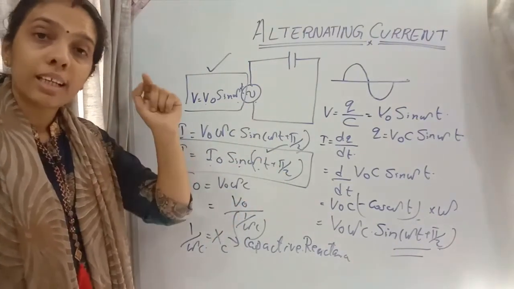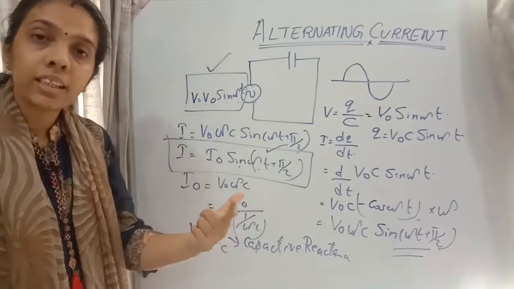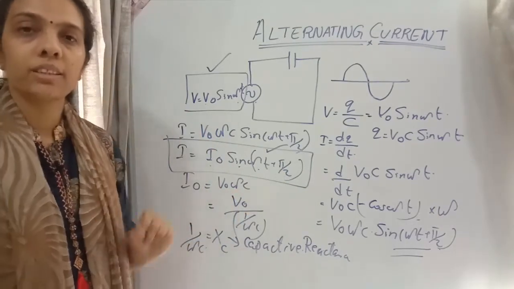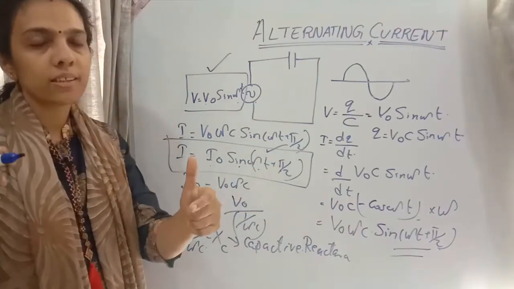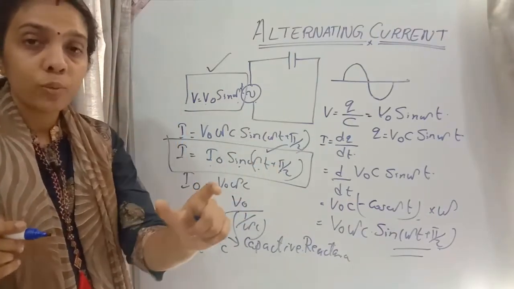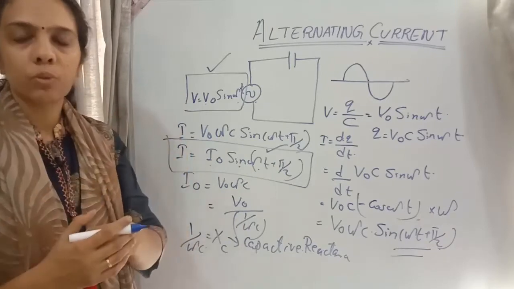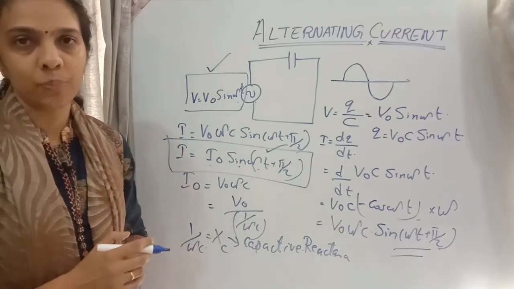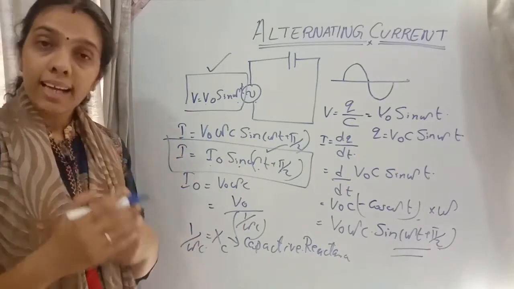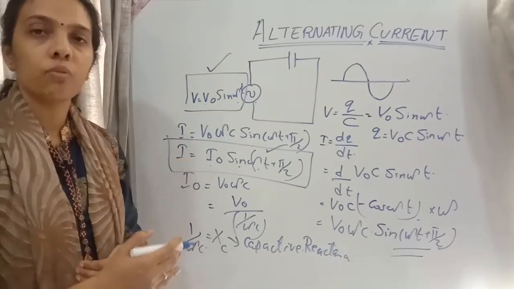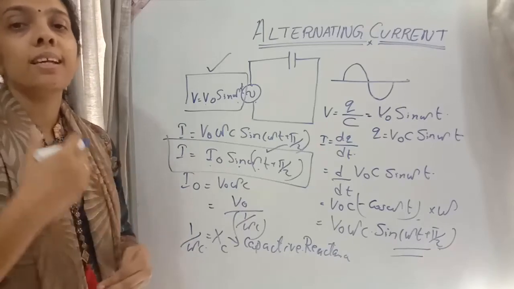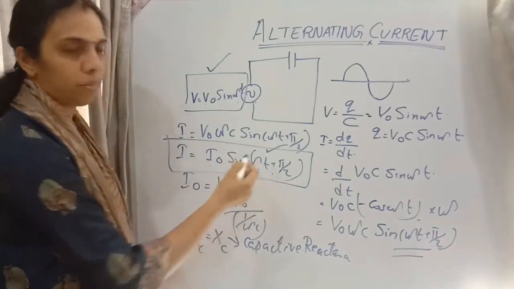That means current is leading the voltage by a factor pi by 2. In the previous one, in the inductive circuit, the current was lagging behind the voltage by pi by 2. Current was lagging in the case of the inductor, but here in the case of the capacitor, current is leading by a factor pi by 2.